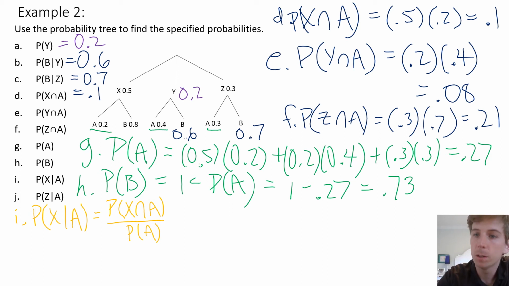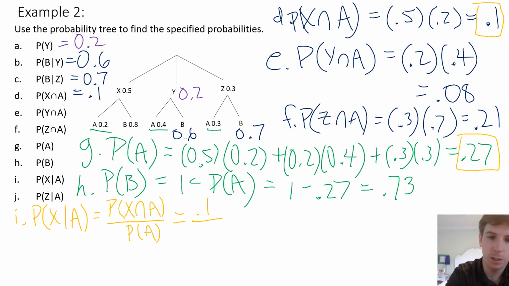We found the probability of X and A in part D, so that's going to serve as our numerator. And then the probability of A we found here in part G, so that's going to be our denominator. So 0.1 divided by 0.27 is going to be approximately 0.37.